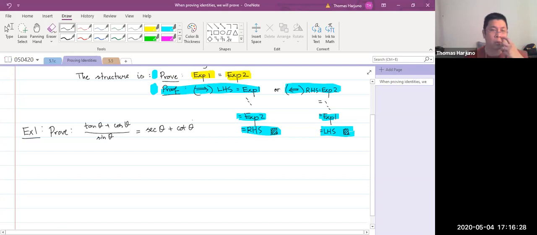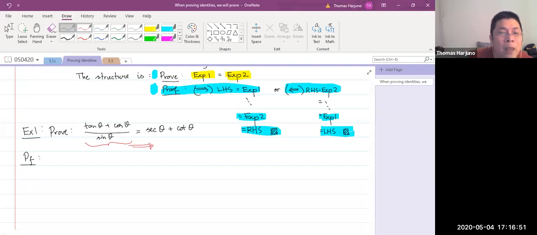Let's say that's what we want to prove. The first thing you need to decide is which side is simpler and which side is more complicated. It seems like the left-hand side here is more complicated. So I will prove from left to right.